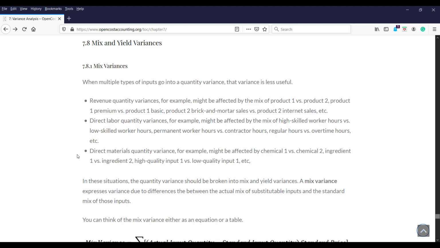Depending on the mixture, we might have the same total poundage or total units of the input, but because there's a slightly higher mix of a higher quality or more expensive ingredient or chemical, it could easily be more costly to us, or vice versa. If it's a higher percentage of the low quality, low cost ingredient or chemical, then we might have a lower cost due to the mix of direct materials.